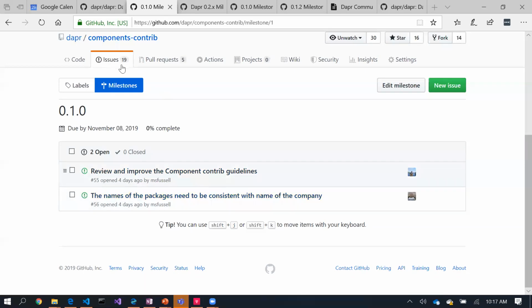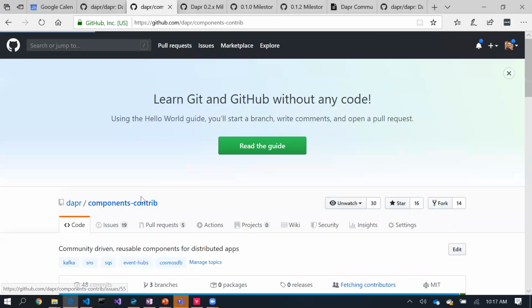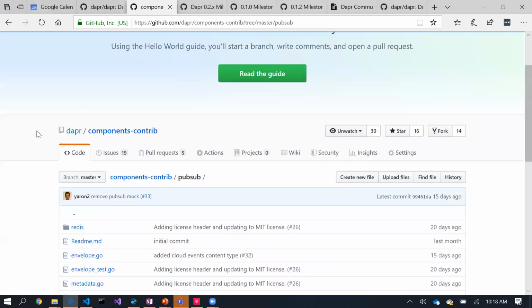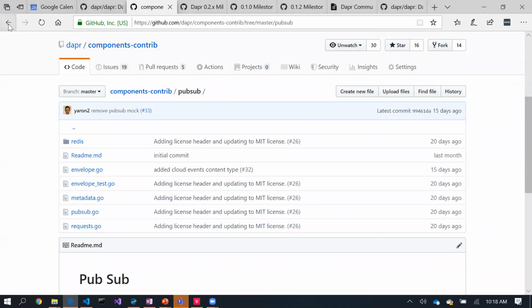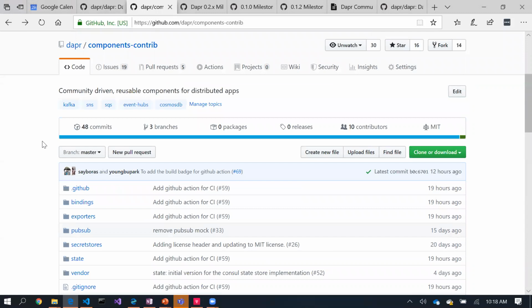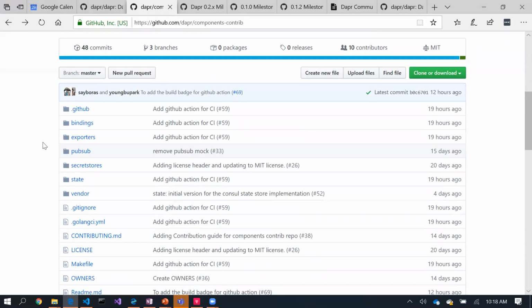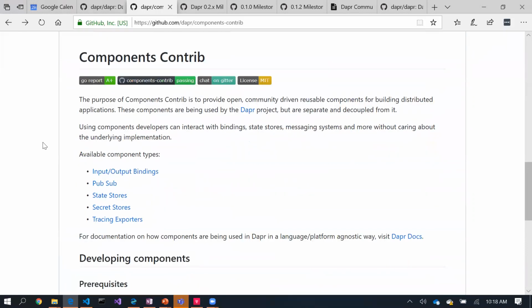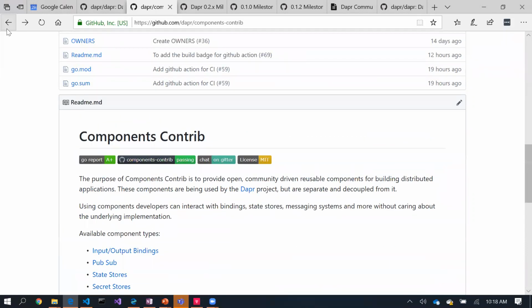You'll see at the moment that with some of the names in the components contrib, we weren't as clear as we could have been. So for example, underneath pub sub here, we could have done with making these a bit clearer in terms of the names of the cloud providers that they're focused on. So that's something that we're adding to make sure that's a bit clearer.